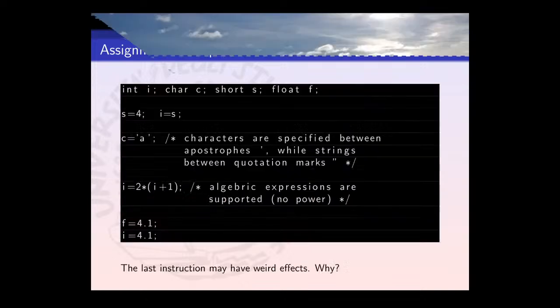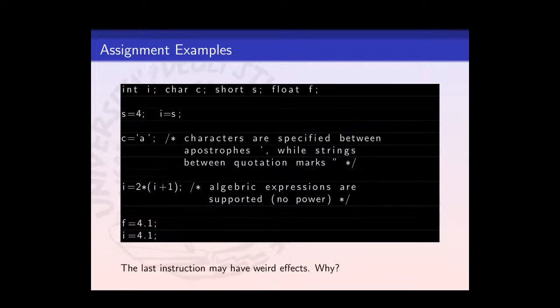Very easy. For instance, here we have a few examples of assignment. S, if you remember, was a short variable, so it is able to store all the values from minus 2 to the power 7 up to 2 to the power 7 minus 1.